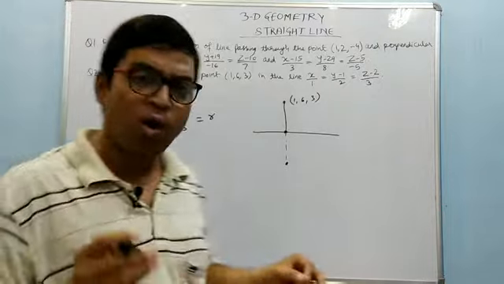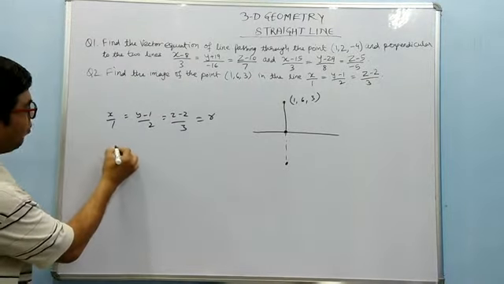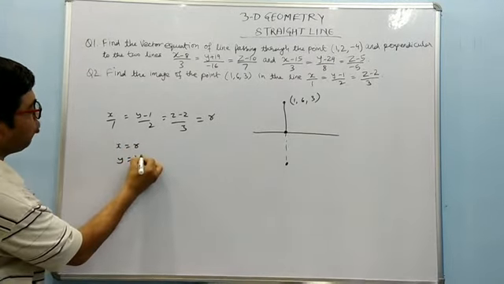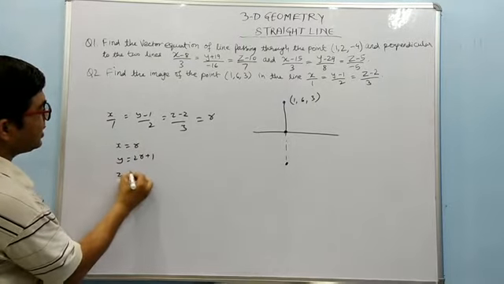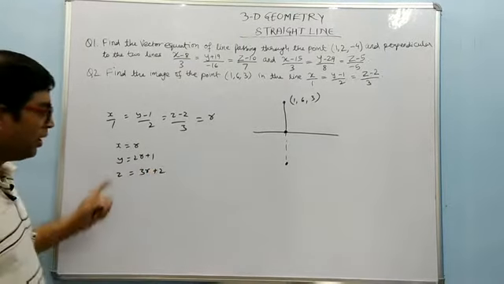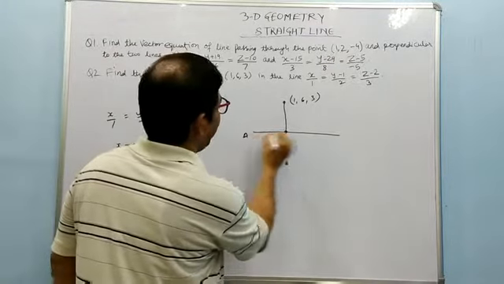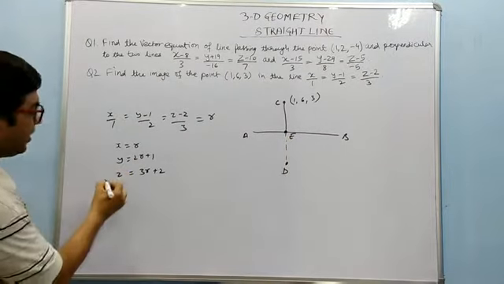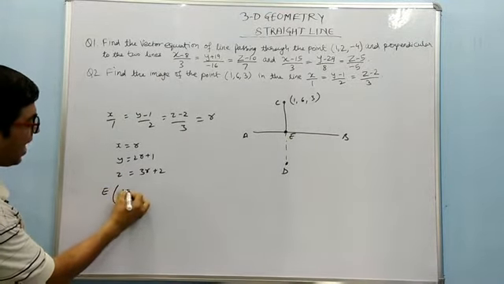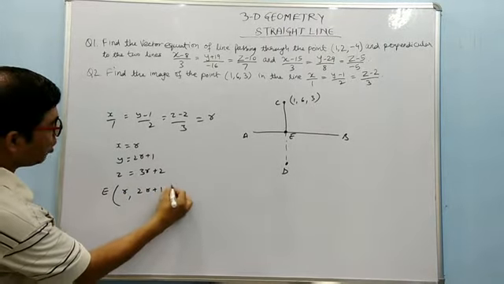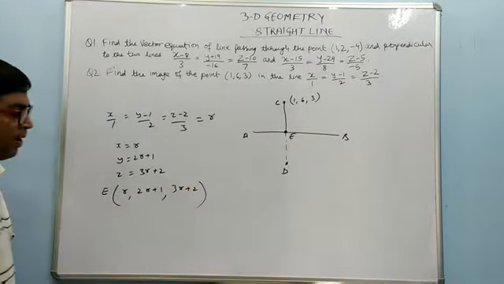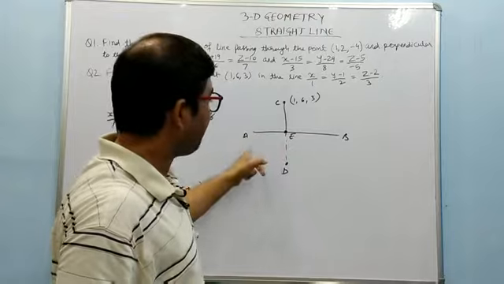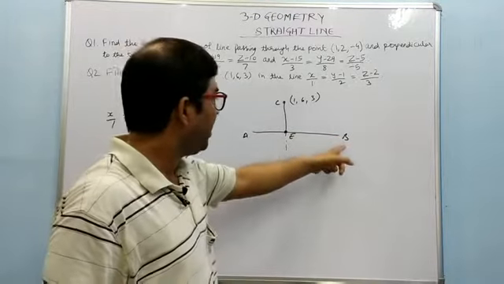So any point on the line can be taken in terms of r, as x is r, y is 2r plus 1 and z is 3r plus 2. Let this be the point. If I just label the points A, B, C, D and E, let us take the coordinates of point E as r comma 2r plus 1 comma 3r plus 2. Now you see that CE is perpendicular to AB.